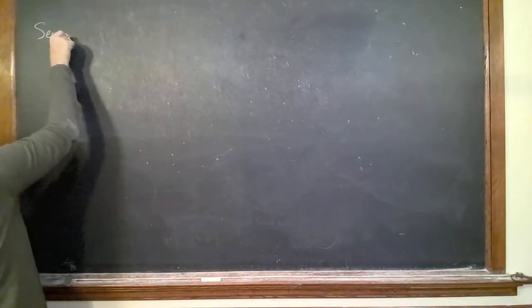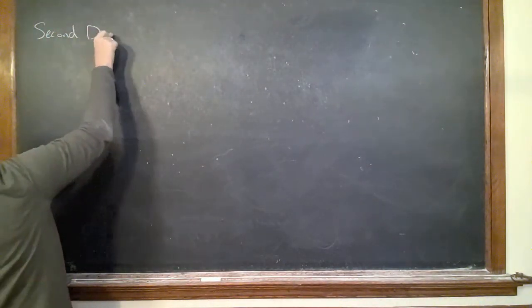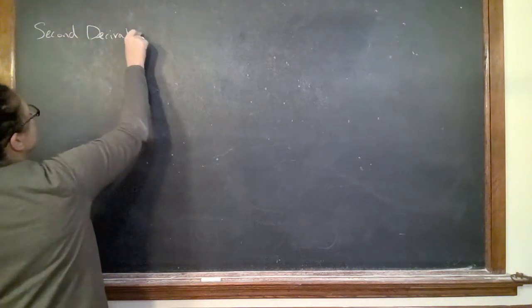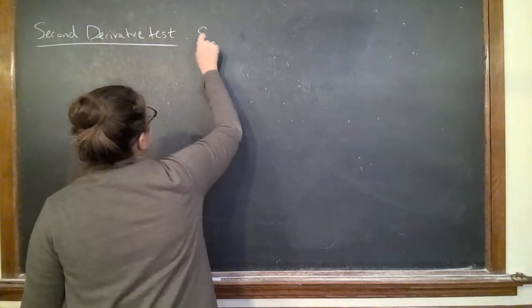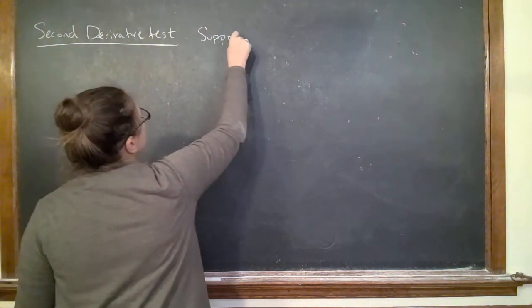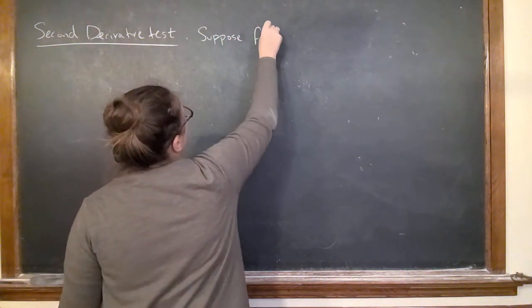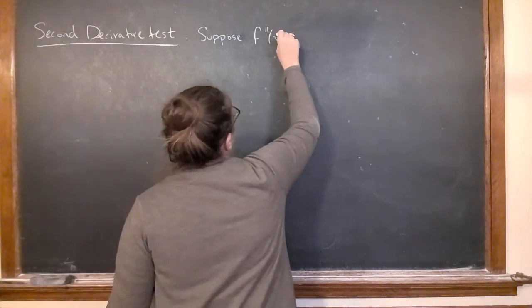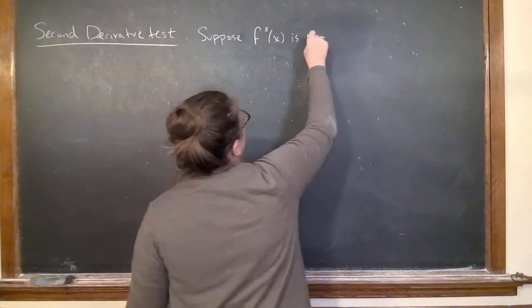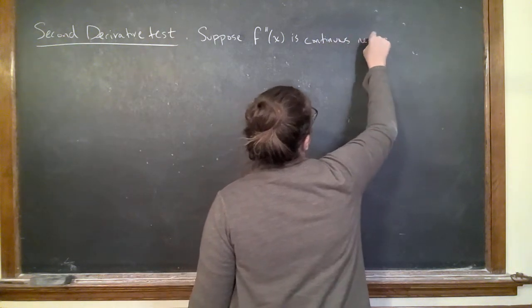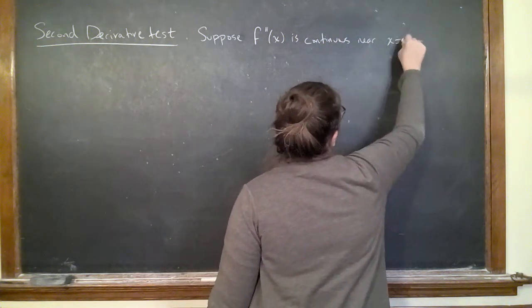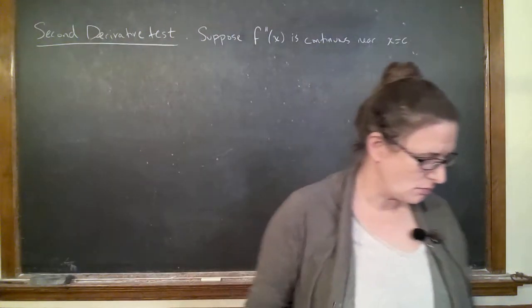So, second derivative test: suppose f double prime of x is continuous near c, right?